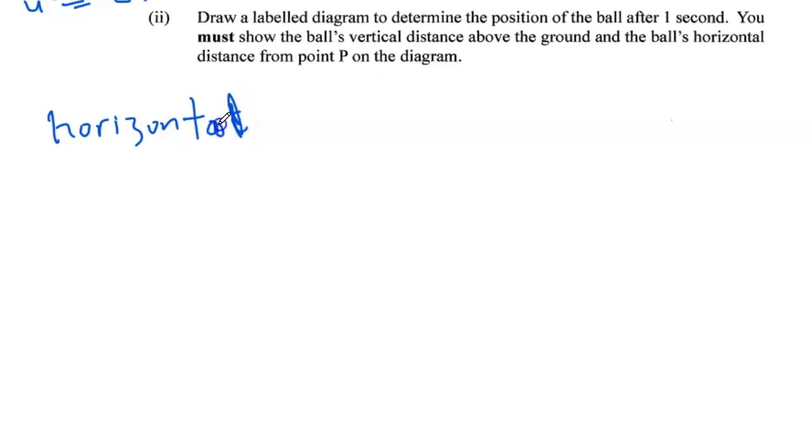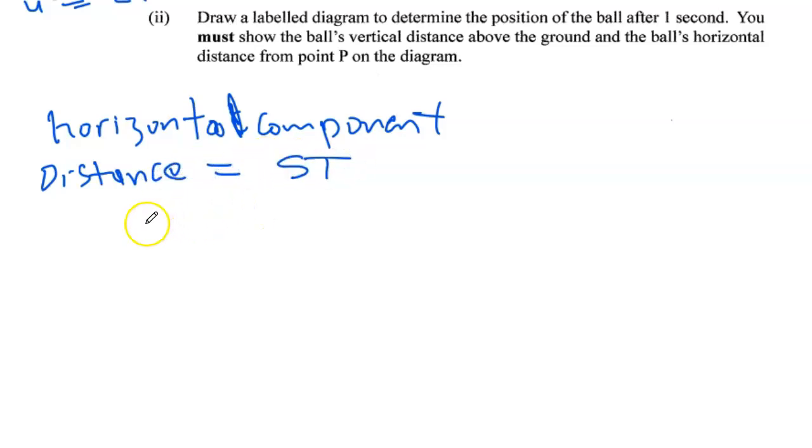We know that distance is equal to speed times time. The initial speed was 14.6 meters per second previously.